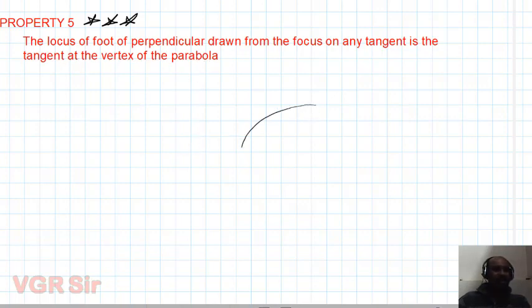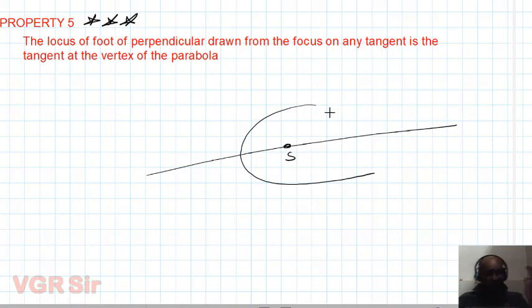For example, this is the parabola. This is the axis. Somewhere here, the focus, say S. The meaning of this property is, okay, take any tangent, and from the focus draw a perpendicular on the tangent. So the locus of this point is nothing but the tangent of the actual parabola.